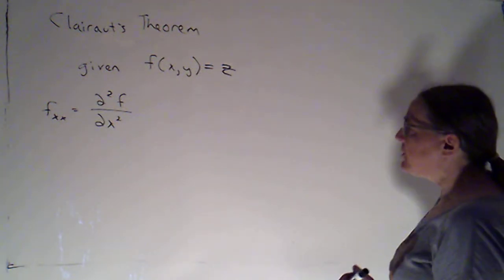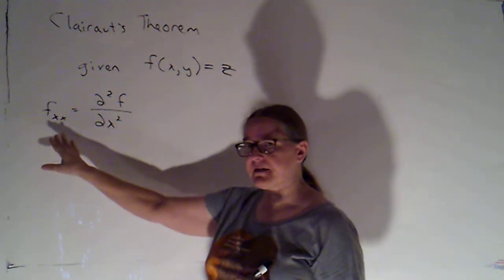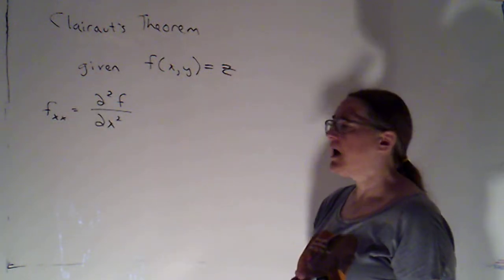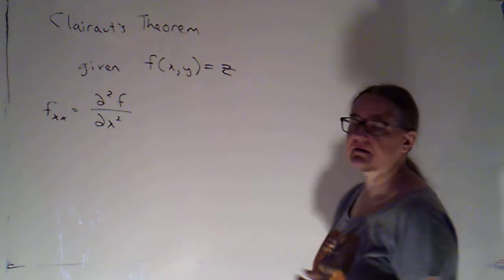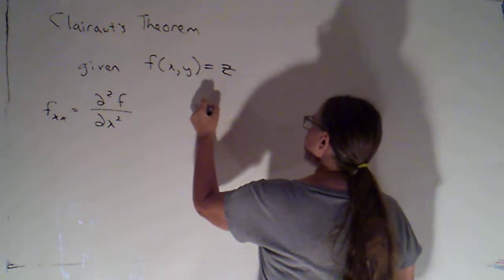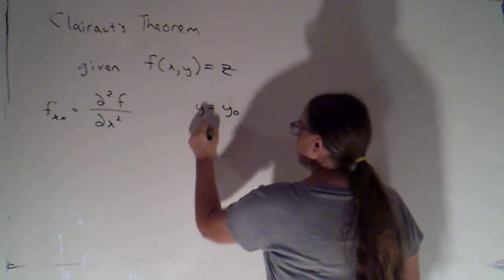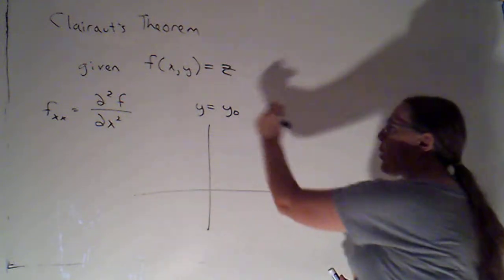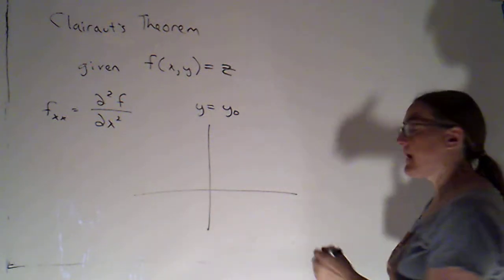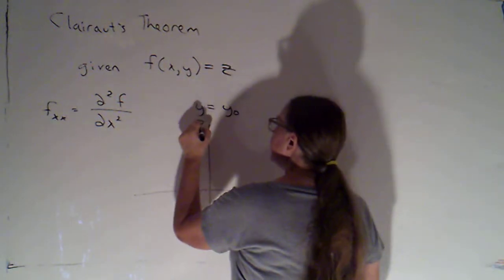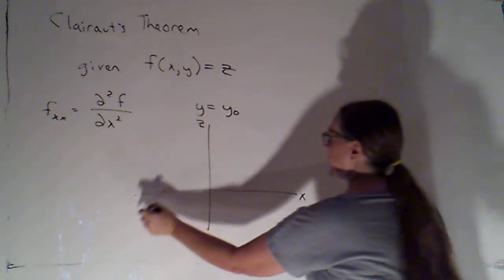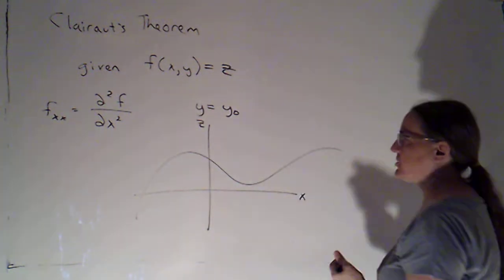Okay, if I'm looking at that, then both times I'm taking the derivative, I'm holding y constant. So I would be looking at a cross-sectional curve in a plane y equals y naught. That would be a plane that's parallel to the xz plane. Okay. So I'm looking at my cross-sectional curve.